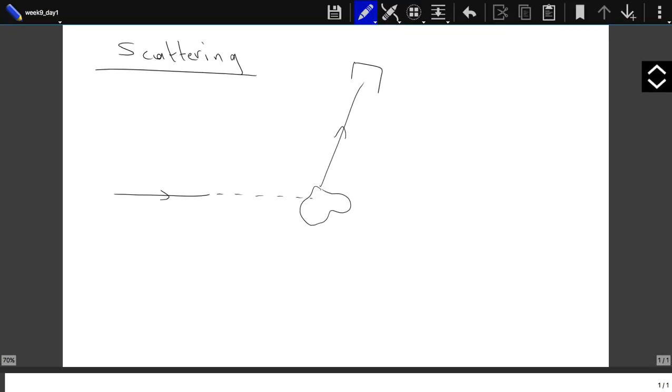Now, to describe scattering processes, we define a differential cross-section. Whether the particle is coming from this point or from this point doesn't really make any difference. The important thing is that any particle aimed within an area like this, perpendicular to that area, will be scattered in a direction given by this cone.